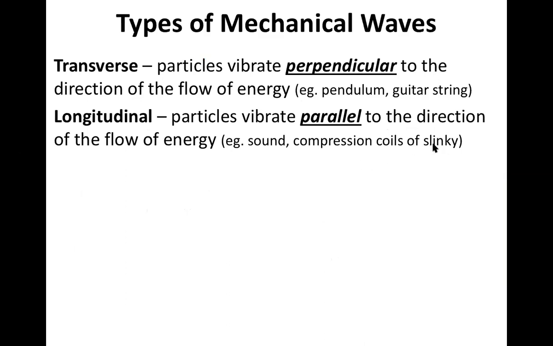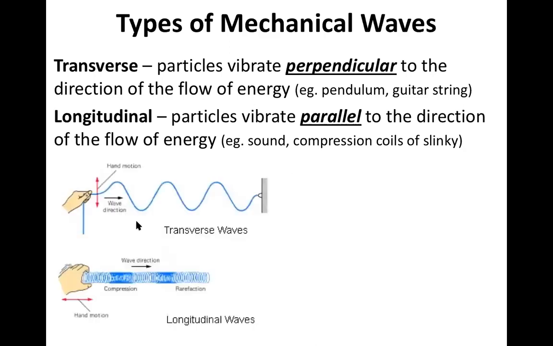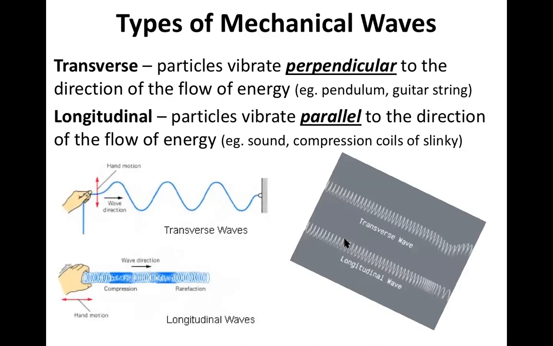So now instead of moving the Slinky up and down, what if you compress the Slinky and then release the compression quickly? So let's show the two. You move your hand up and down for a horizontal rope, and you're going to send a transverse wave down it. But if you move your hand left and then right on a Slinky, you're going to start a longitudinal wave.